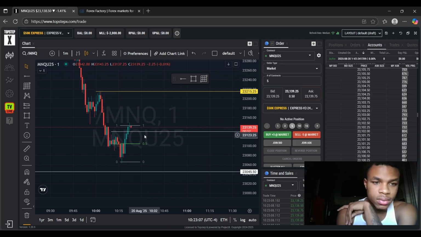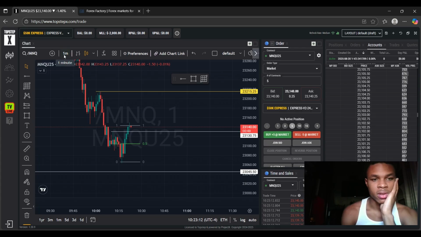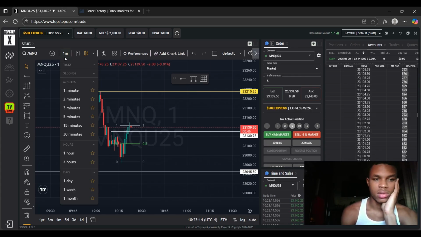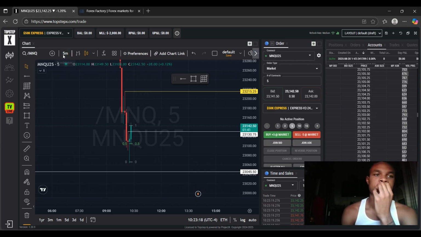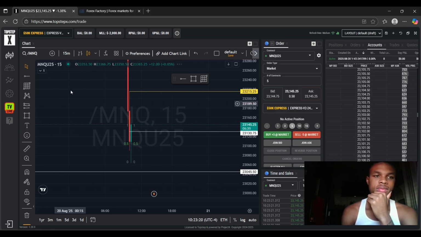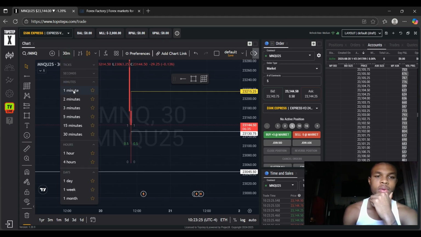Coming down bearish. But keep in mind, these higher time frames are still bearish, so this is just a low time frame retracement. The 5 minute and 15 minute are all 30-minute retracements for price to go lower.